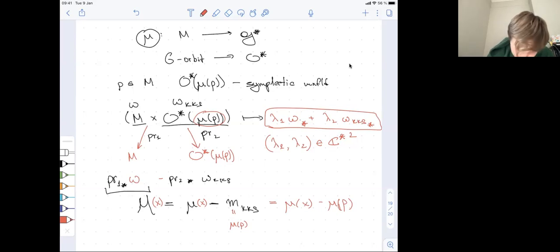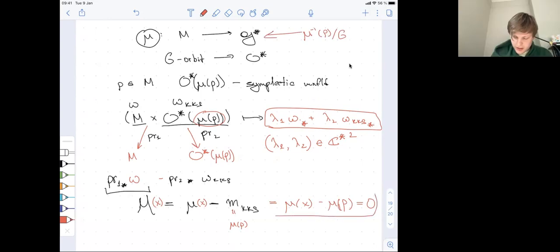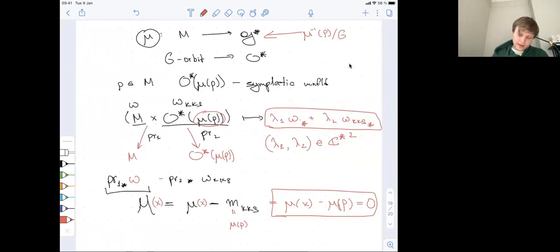And then you can consider the Marsden-Weinstein reduction with respect to the zero locus of this moment map. And this will be the same as to consider mu minus 1 of P quotient by G, but fitted into the theory of Marsden-Weinstein.